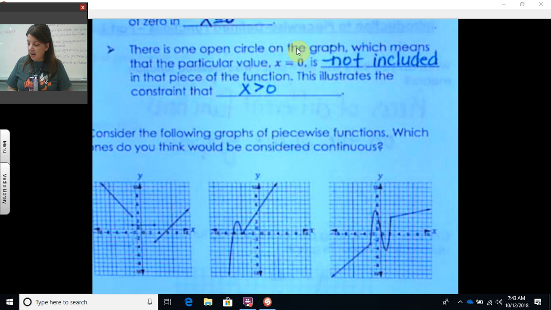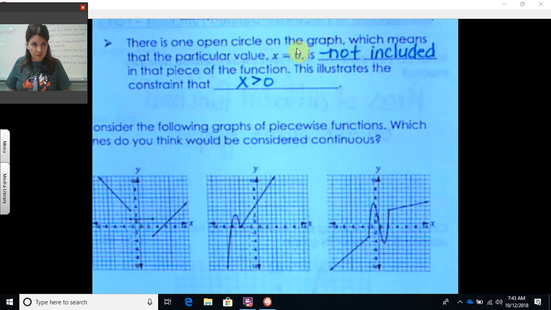Consider the following graphs of piecewise functions. Which ones do you think would be considered continuous? Now, I haven't told you the definition of continuous, but just think about what the word continuous means. Which one of those, or there could be more than one, do you think is continuous? The first one, the middle one, the last one, the first and the last one?